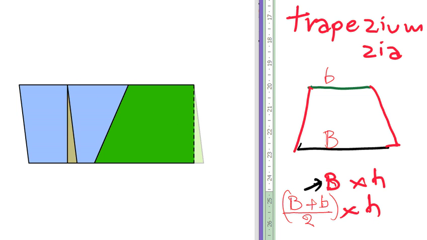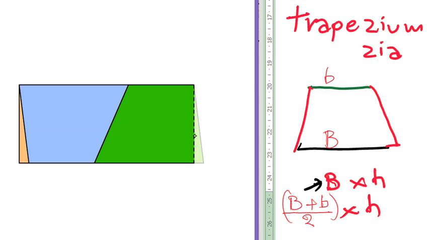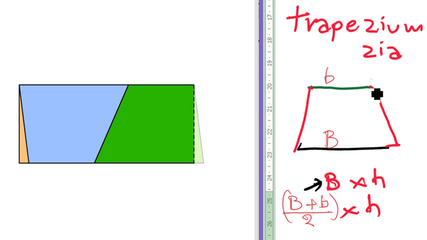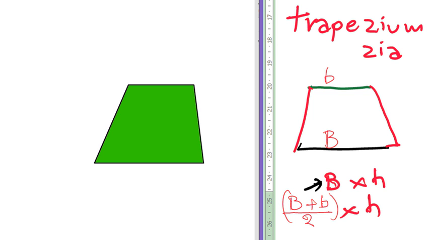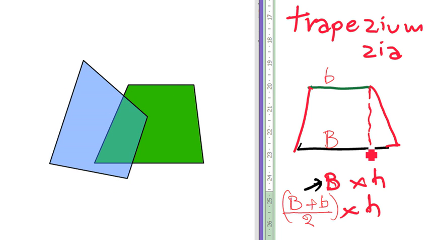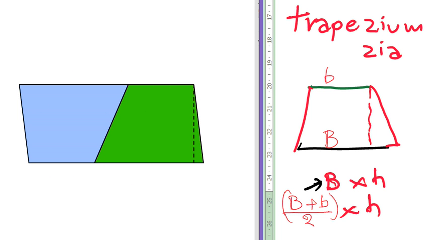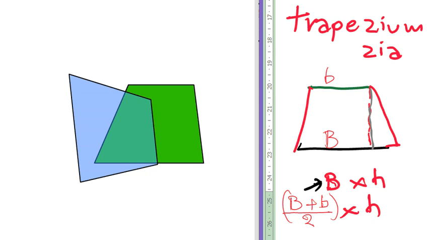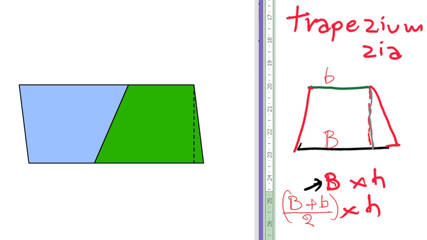But what height? Again, as you remember, this is the height, the perpendicular line, the one that goes straight down here. So this is the area of the trapezium, and we're going to use it often in our activities.